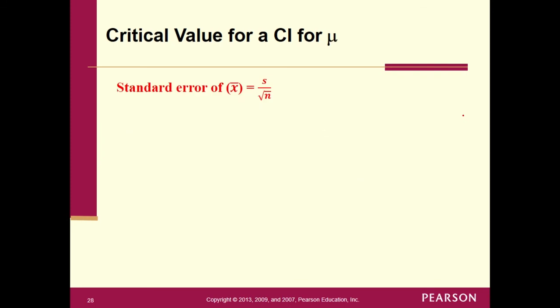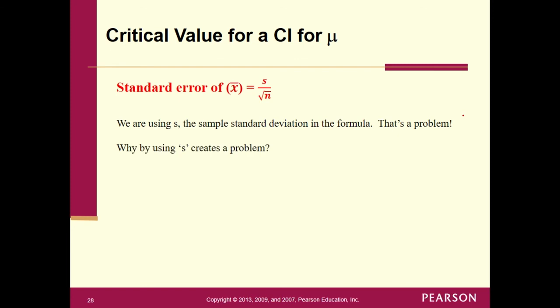How about a critical value for a confidence interval for mu? Remember, our standard error was this. So we are using S, the sample standard deviation, in the formula. Unfortunately, this creates another problem. This is a little bit harder to think through because it actually took several decades for mathematicians and statisticians to figure out.